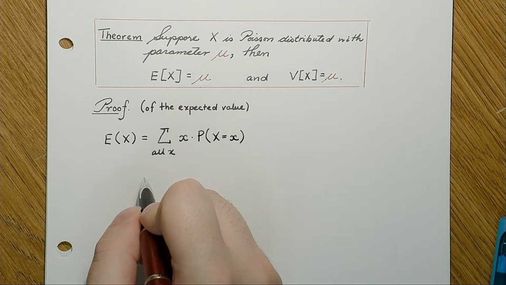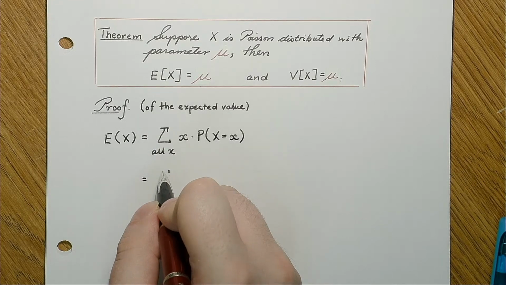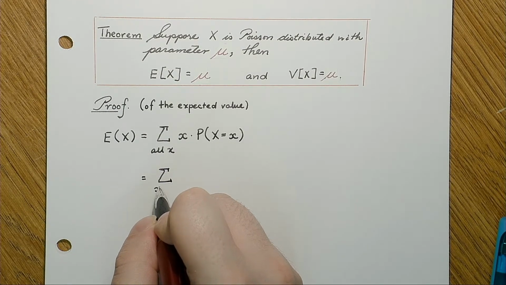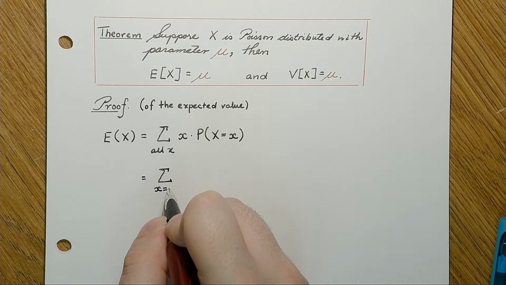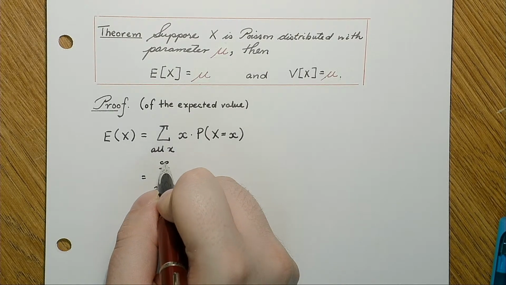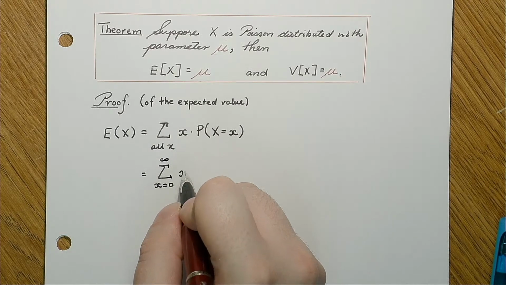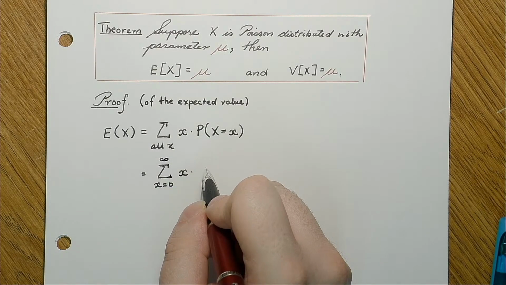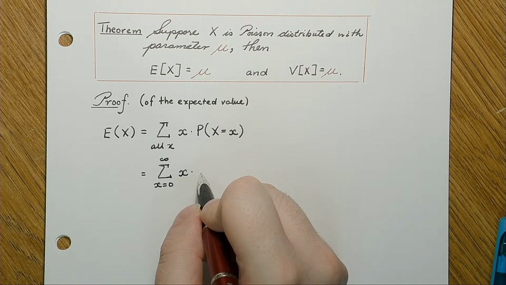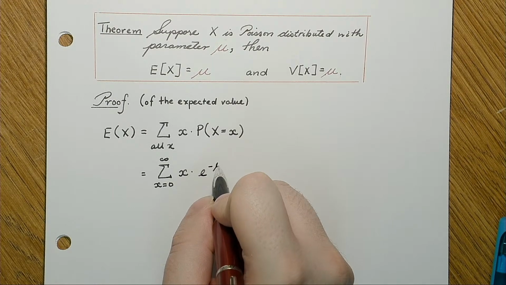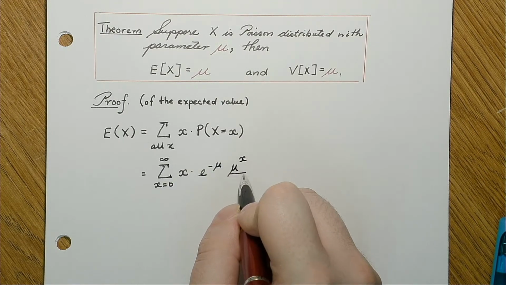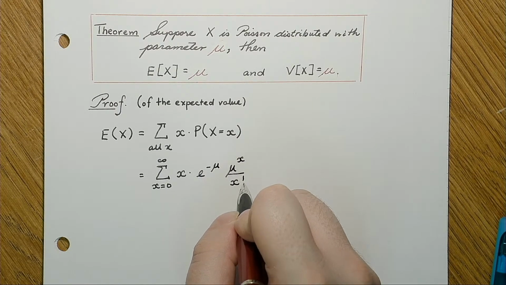Now, the values that x can take on is from 0 to infinity. So I can have x times, and then I'm going to put in the PMF. So it's e to the minus mu, mu to the x, all over x factorial.